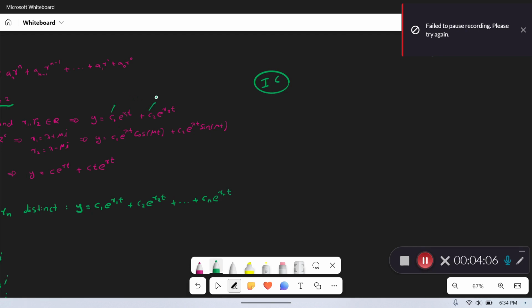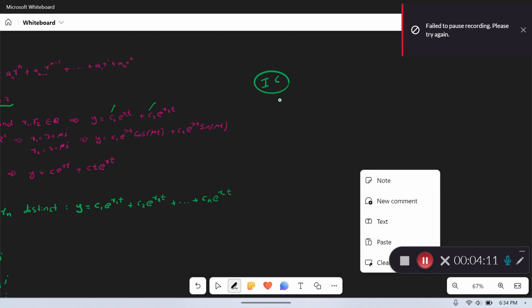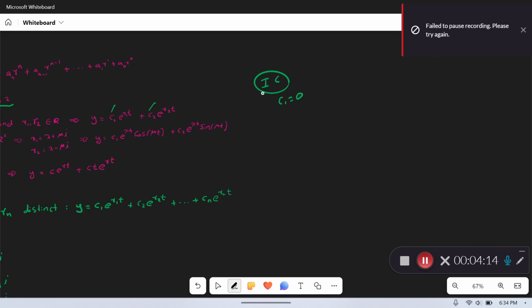Sometimes they can be 0. For example, we can have an initial condition where C1 is equal to 0, and C2 is equal to 4.5. Then, our solution for that given differential equation with the given initial condition will be 0 plus 4.5 e^(r2 t). That's it. We will just have this term only in that case.